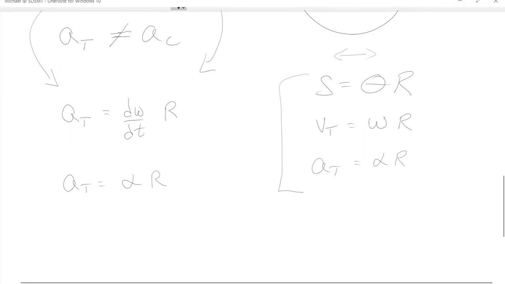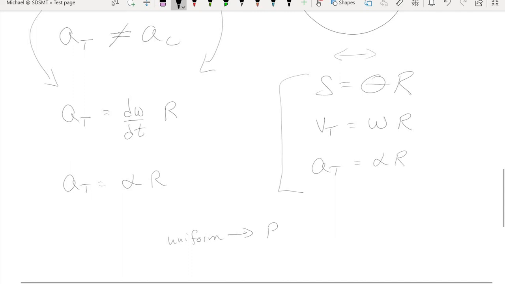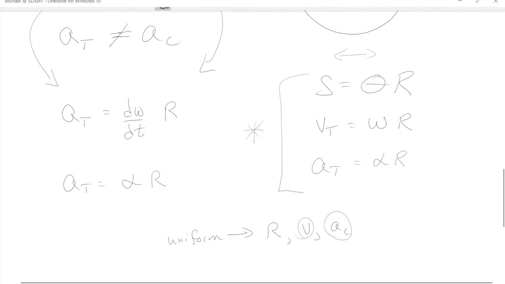And the uniform circular motion said that the radius of the circle had to be constant, aka uniform, but so did the speed and the centripetal acceleration. These equations up here say that that is no longer the case. We don't have to limit ourselves to a constant speed or a constant centripetal acceleration. We can speed up and slow down as we go around these circles if we want to.